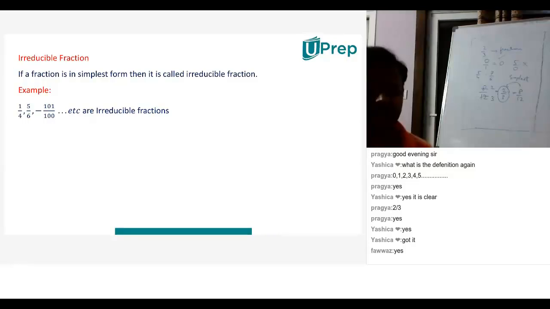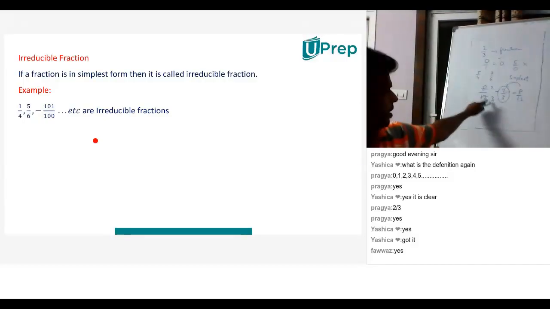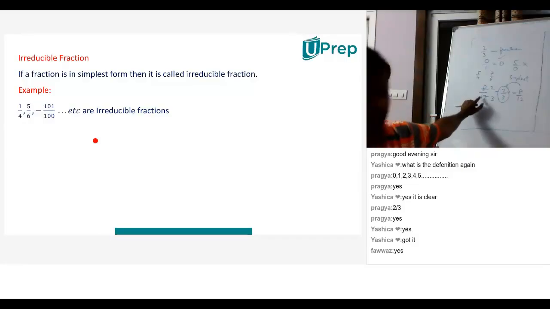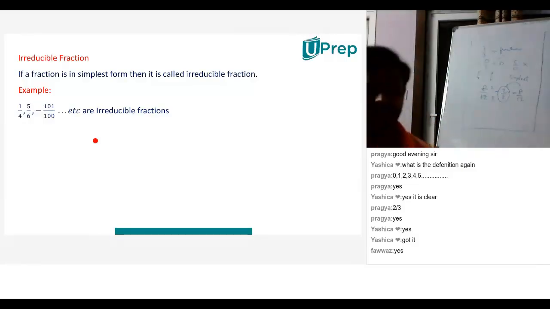Here in these examples for irreducible, they do not have any other common factor except 1. So that's the reason I'm saying these are irreducible fractions. Whereas 8 by 12 can reduce to 2 by 3 because the common factor for numerator and denominator is 4. So that's why this is reducible, whereas what you see here is irreducible.